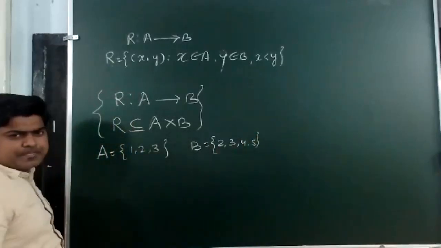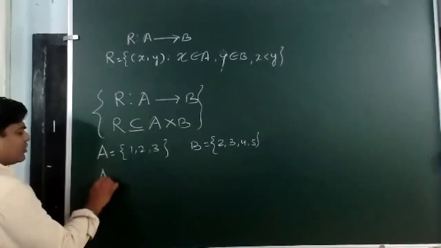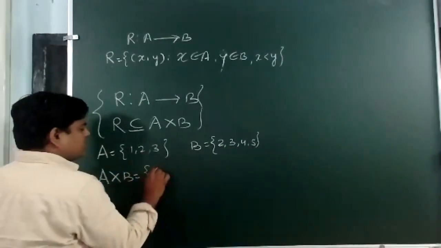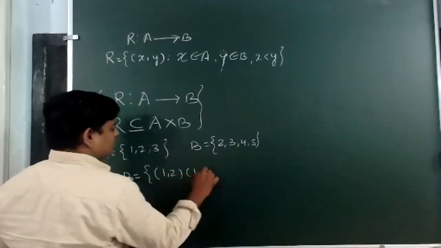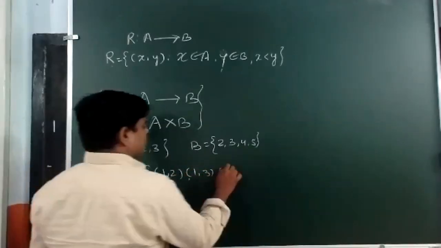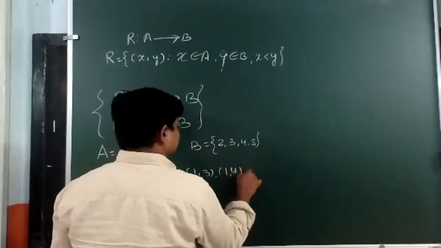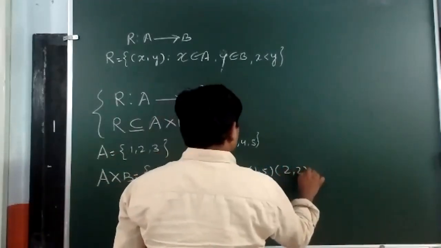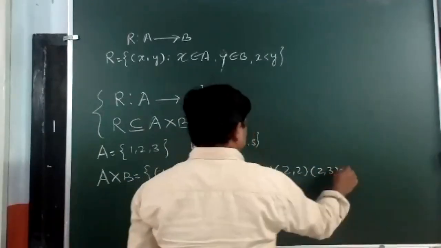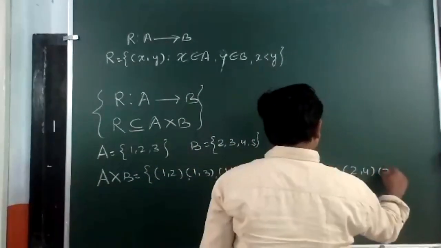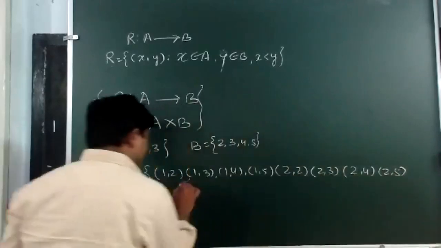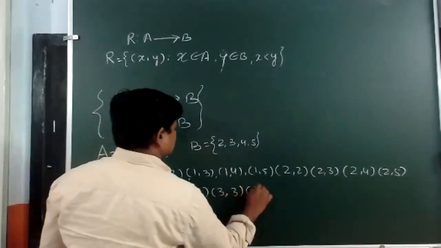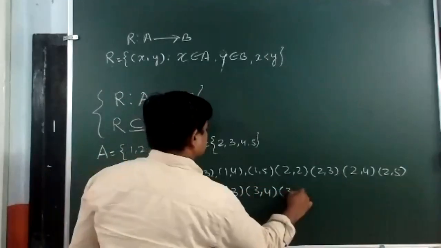So all of you can easily write A cross B, and that would be (1,2), (1,3), (1,4), (1,5), then (2,2), (2,3), (2,4), (2,5), and then (3,2), (3,3), (3,4), (3,5).